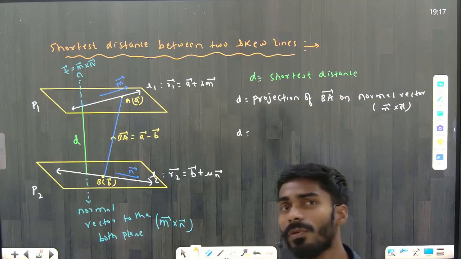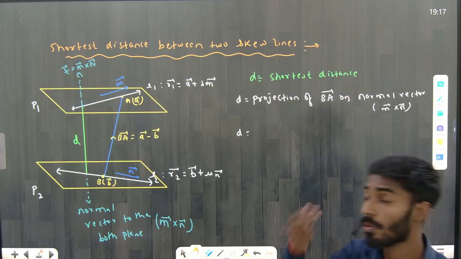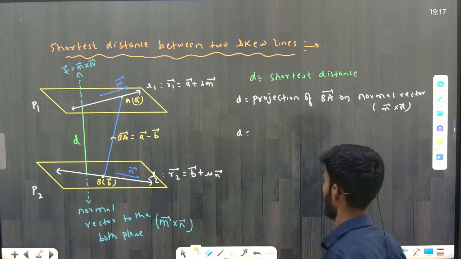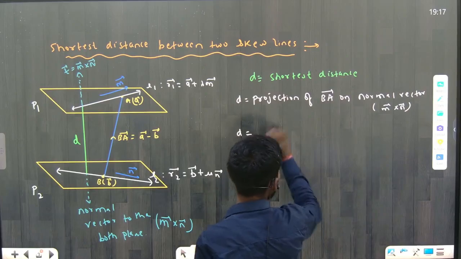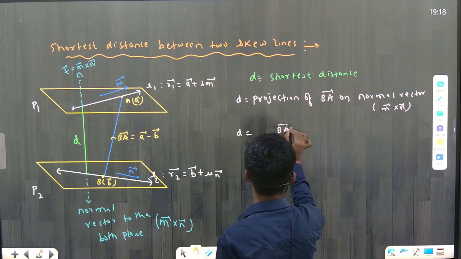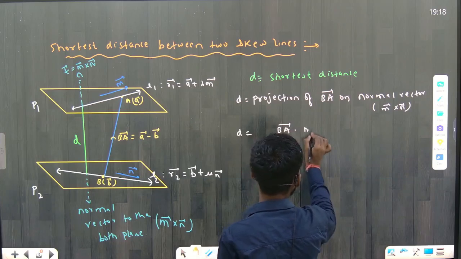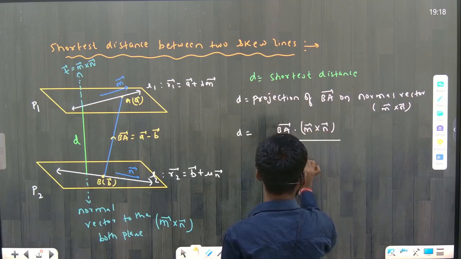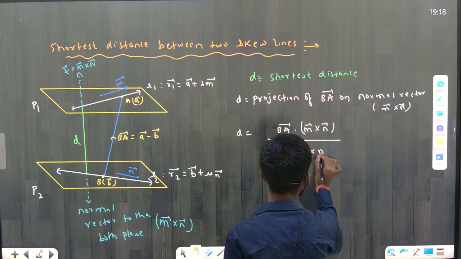How will we take a projection? Simply, if we want to take a projection of a on b, then we do a dot b divided by magnitude of b. Then the projection of BA on m cross n: simply we take the dot product of BA and m cross n, divided by magnitude of m cross n.